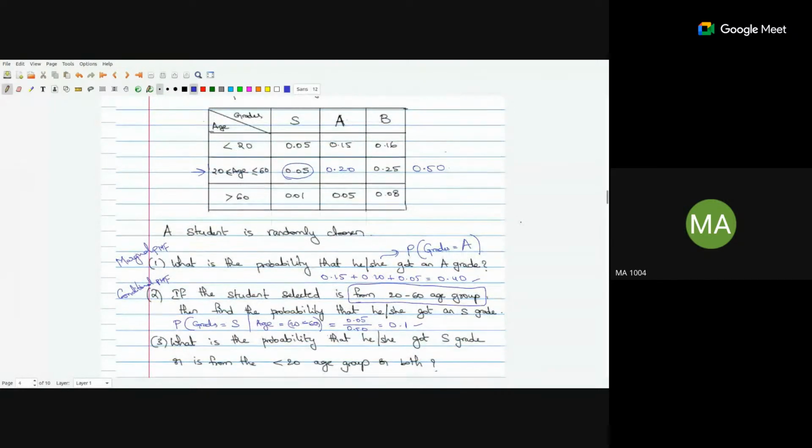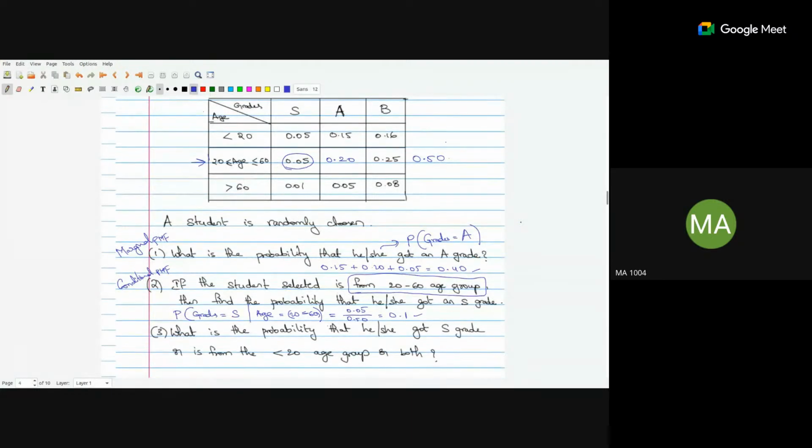Okay, let us go to the other problem. Another kind of problem you can see. What is the probability that he or she got an S grade or is from the less than 20 age group or both? Now how should I convert this statement, and what values should I include in my probability?